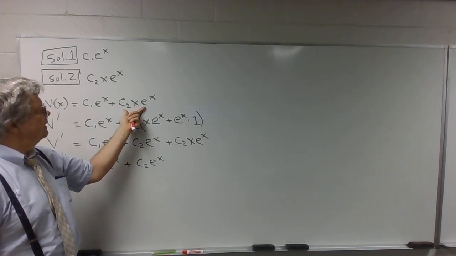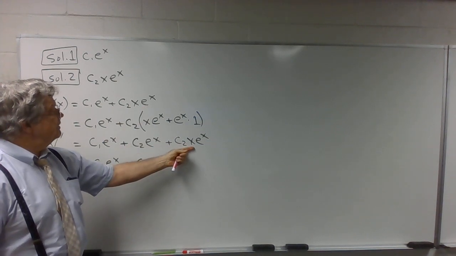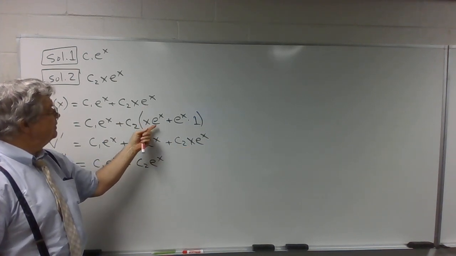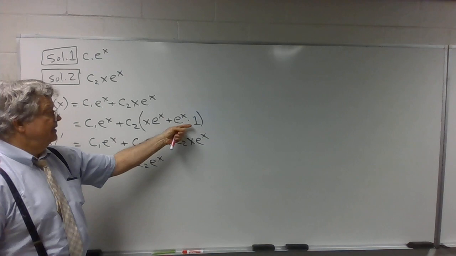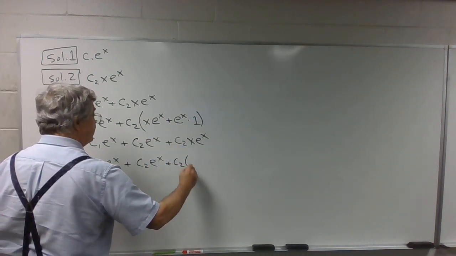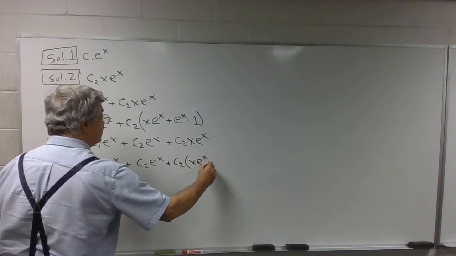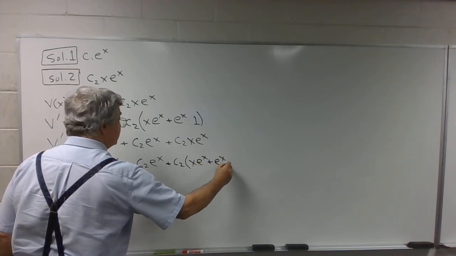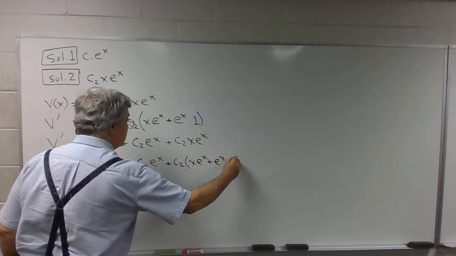We know what it turns out to be. The derivative of this thing is C2 x e to the x plus e to the x times 1. Okay.